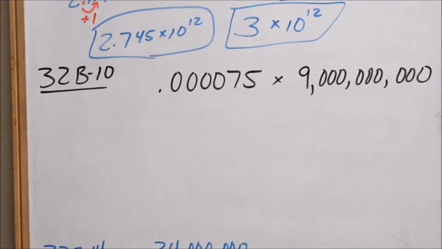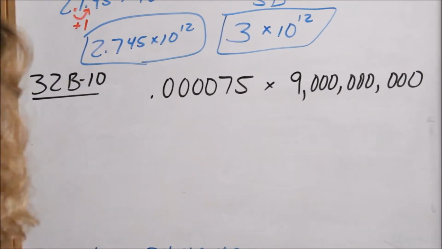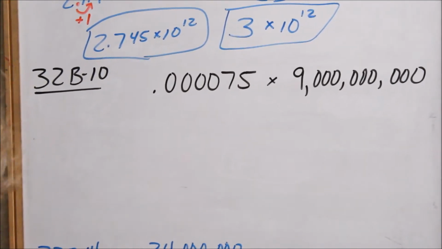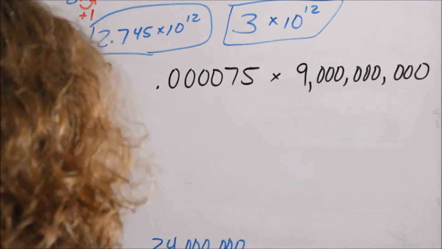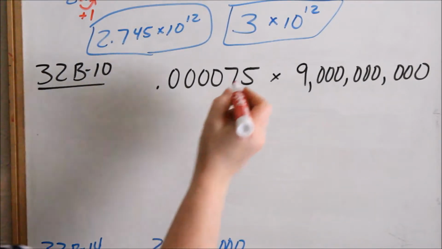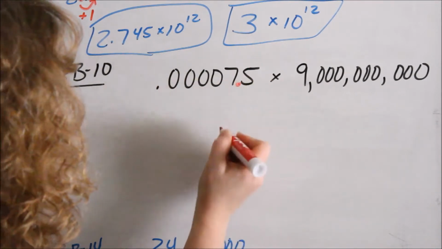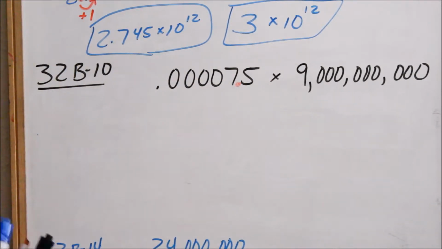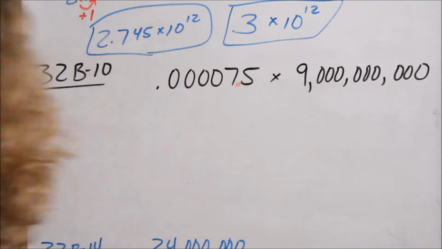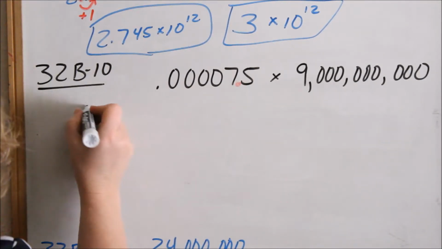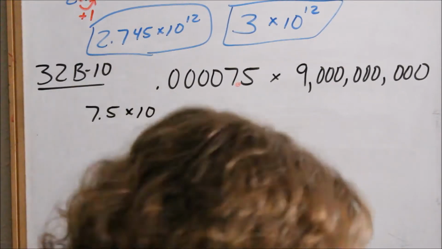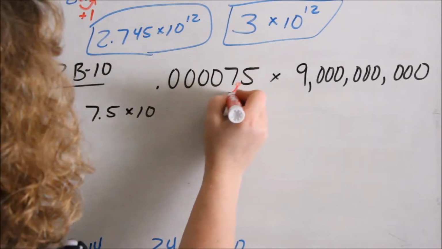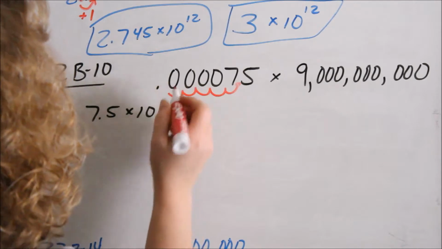We have a decimal times 9 billion. So I want to put both of these in scientific notation. In order to do scientific notation, I put my decimal after the first significant digit. So that would be 7.5 times 10 to the, and I count 1, 2, 3, 4, 5.